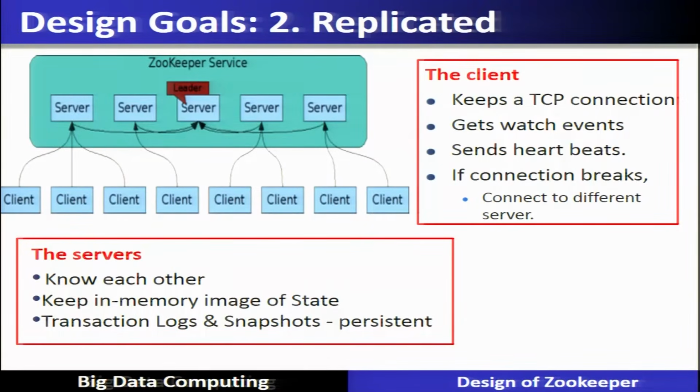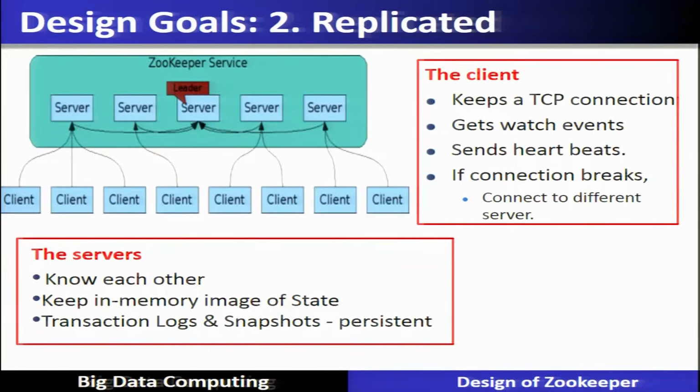This concept can be understood in this diagram, where you can see that the client can be connected to any of the servers, whether it is a follower or the leader. But as far as read operations are concerned, the client can be serviced by any of the follower servers.